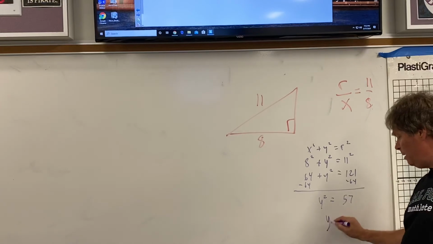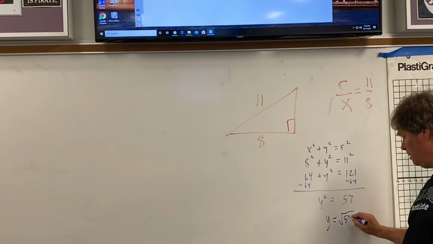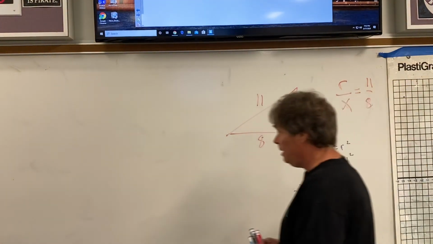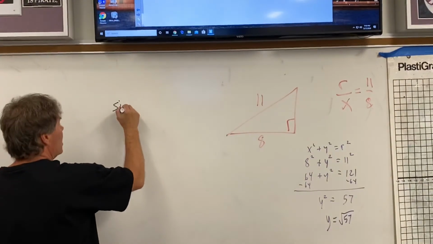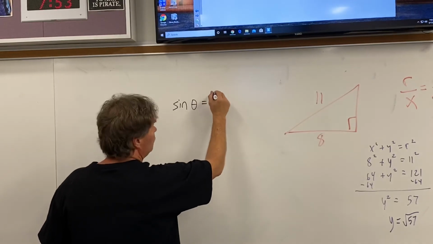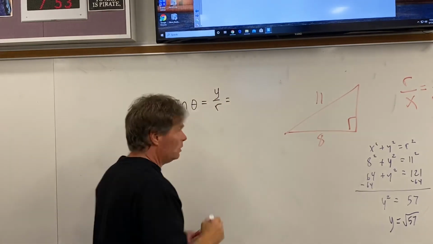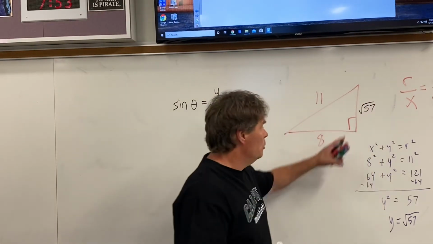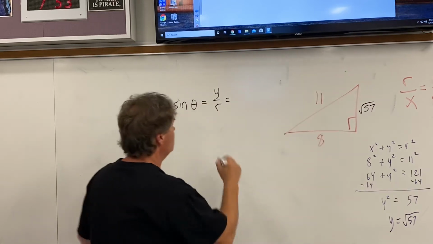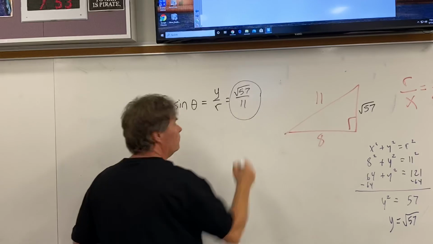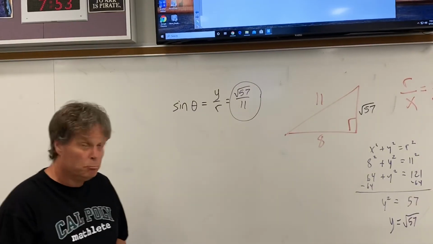So Y must be square root 57. Okay, and the question is find sine. Sine of theta is Y over R, so it's going to be root 57, we just found that to be Y, over 11. So there you go. The sine would be root 57 over 11.